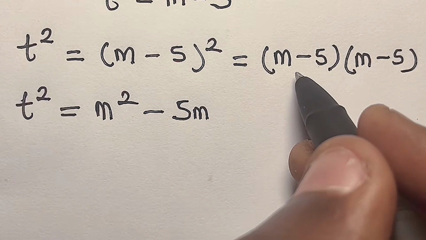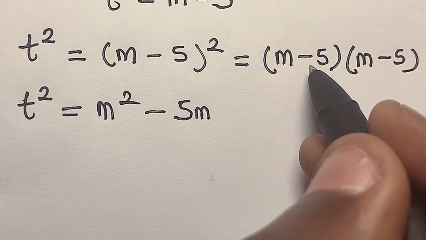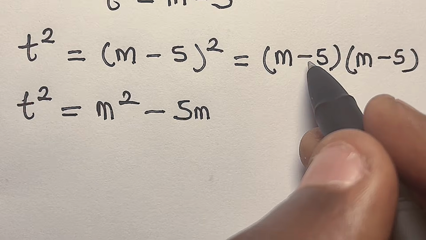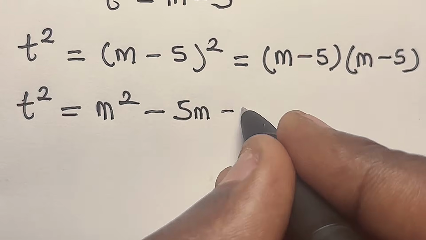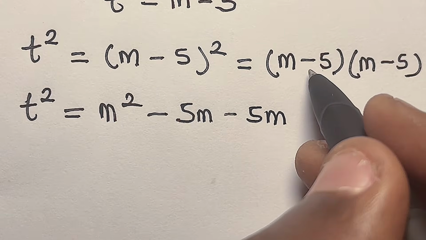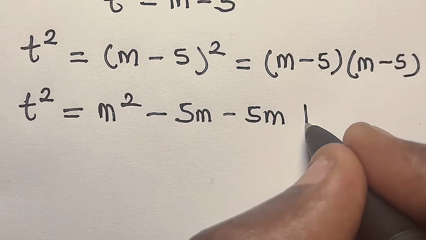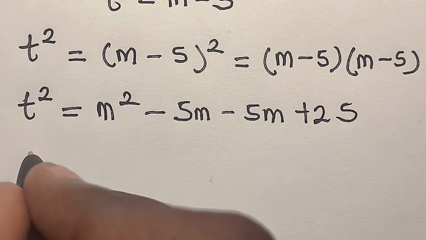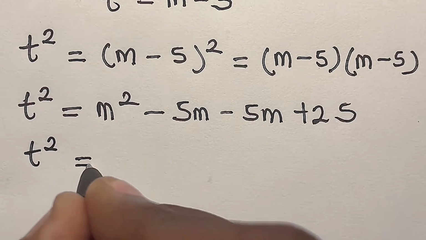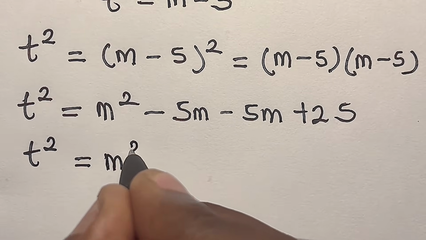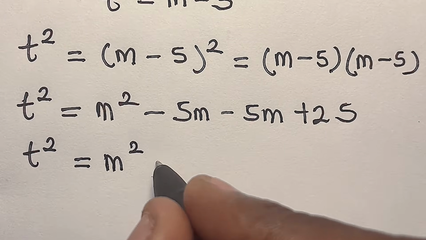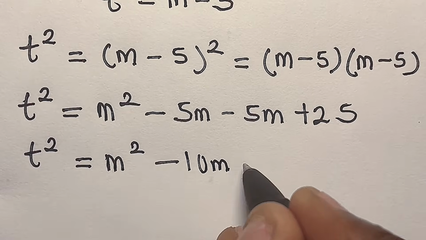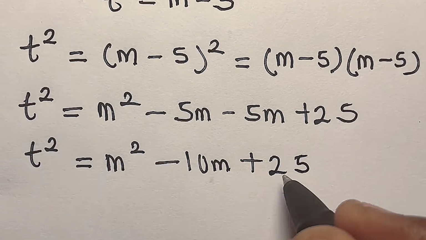Then we have minus 5 times m, we still have minus 5m. Minus 5 times minus 5, that is plus 25. Alright, so therefore we have t squared equals m squared minus 5m minus 5m, we have minus 10m plus 25.